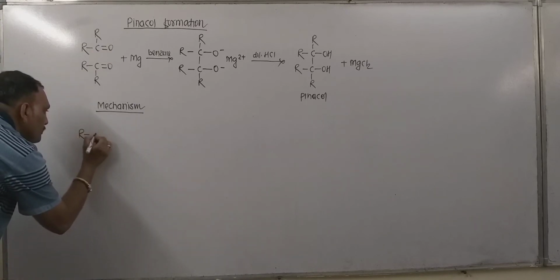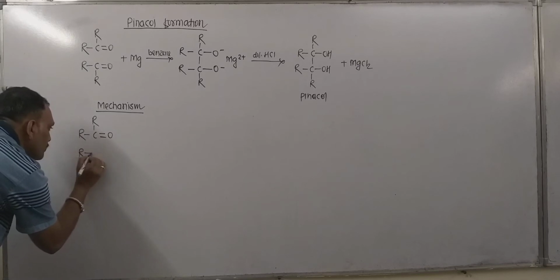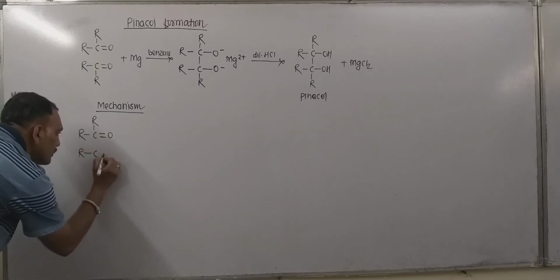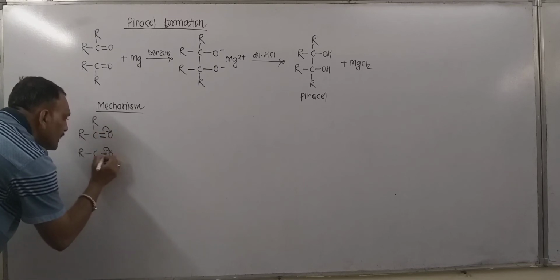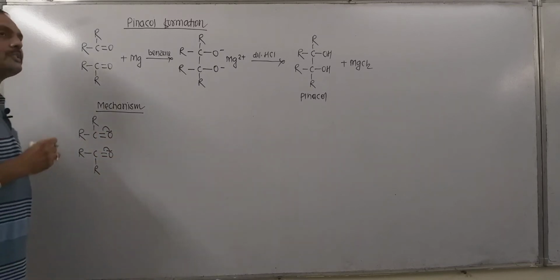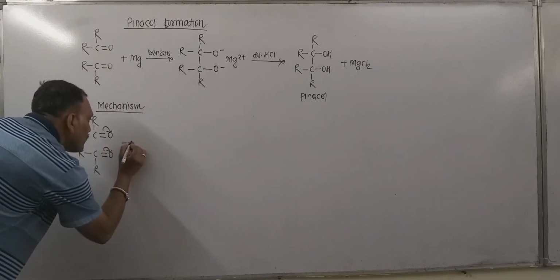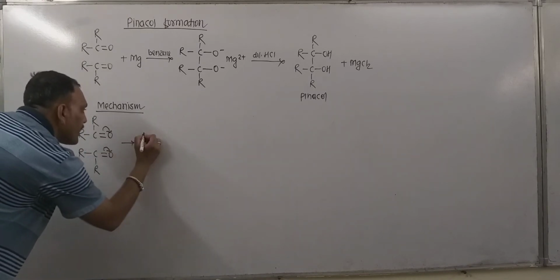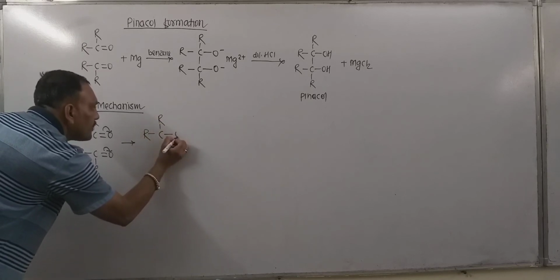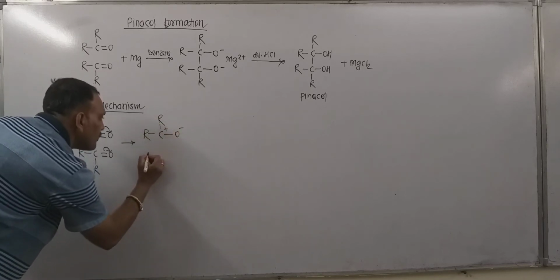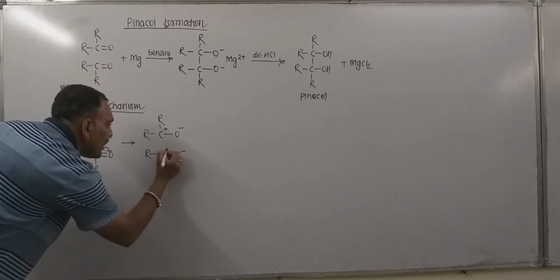The ketone, remember, this is the representation of ketone. We know very well the carbonyl group is polar. Oxygen being more electronegative tends to attract the electron pair towards itself, and that leads to the dipolar structure, which can be given as.